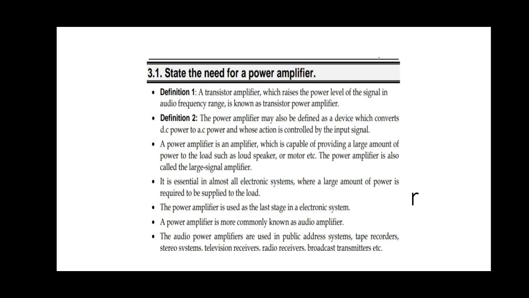So it is clear that by applying negative voltage feedback, the input impedance of the amplifier is increased by a factor 1 plus A beta. A beta is much greater than unity, therefore the input impedance is very much higher.